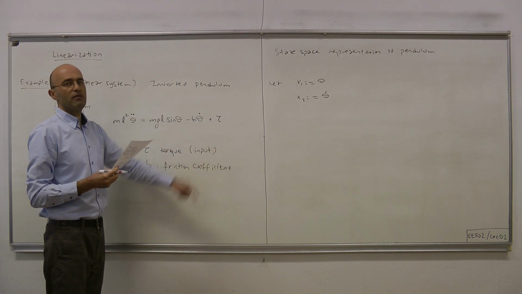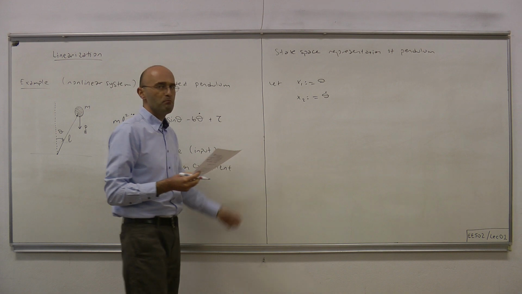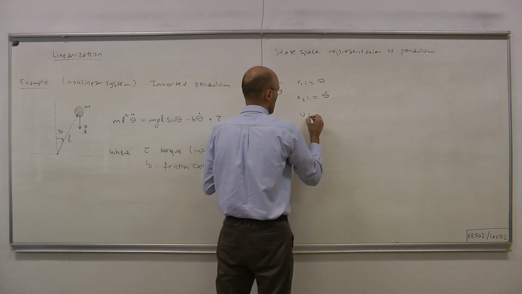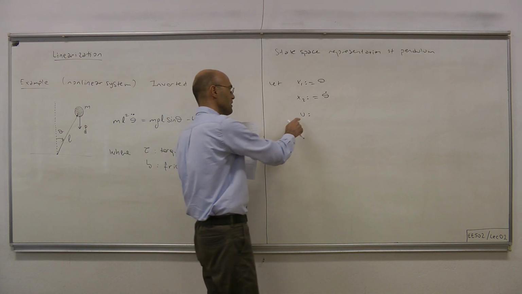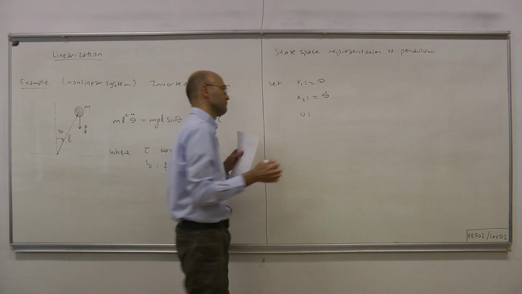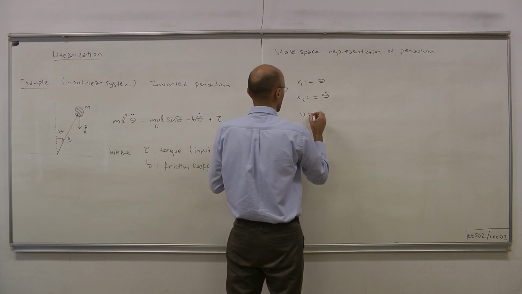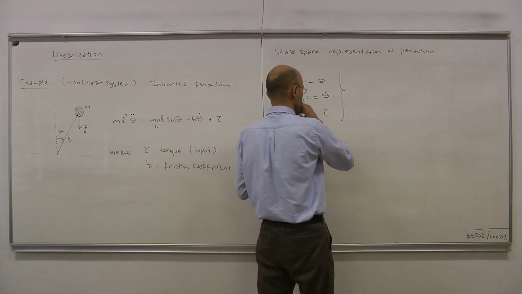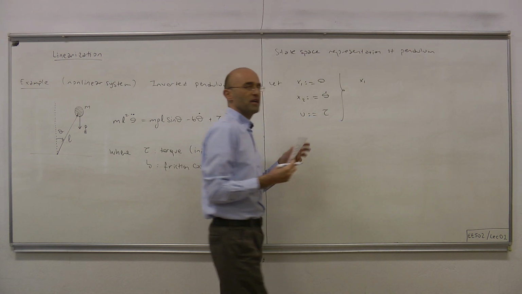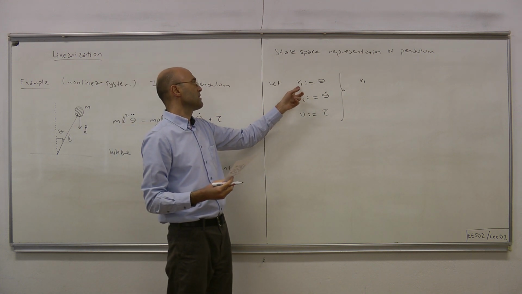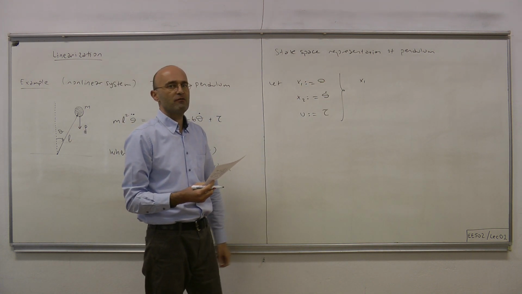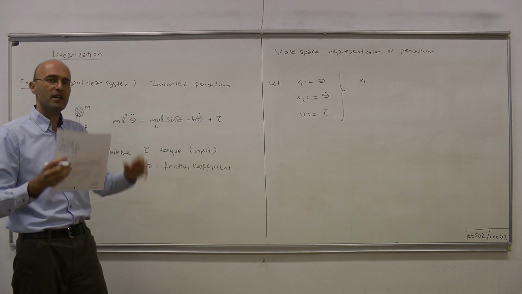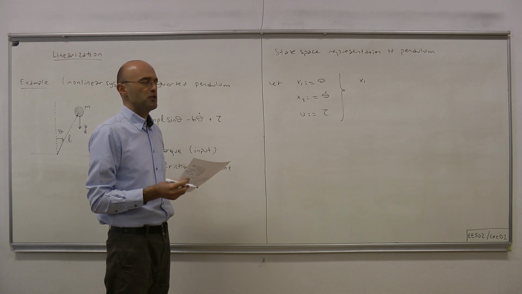The input is already defined as tau, but to make things fit our notation, let's from now on represent tau with u. U is the letter that we use for our input. To obtain the state space representation, we obtain x1 dot in terms of our state variables and input, we obtain x2 dot in terms of our state variables and input, and then put everything in vector form, and that's our state space representation.